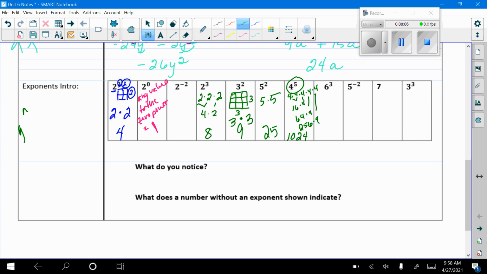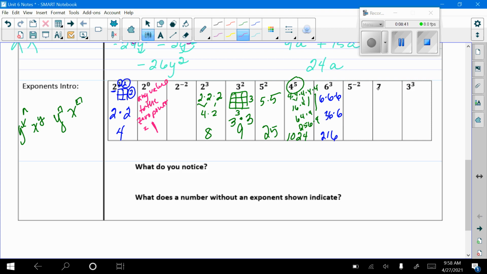There might be a Y to the X button or an X to the Y button. You might have a button that is Y to the and have a box, or an X with a box. I think those are your main ones. If you need to see me about your calculator, show it to me and I'll see if I can figure it out for you. So then 6 to the 3rd power means 6 times 6 times 6, which is 36 times 6, which gives me 216.